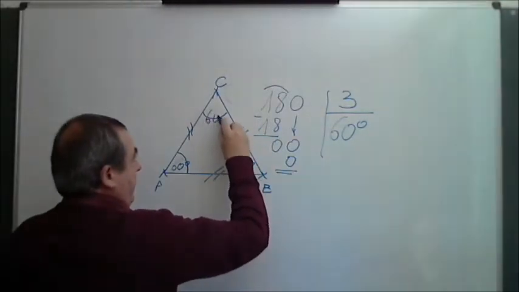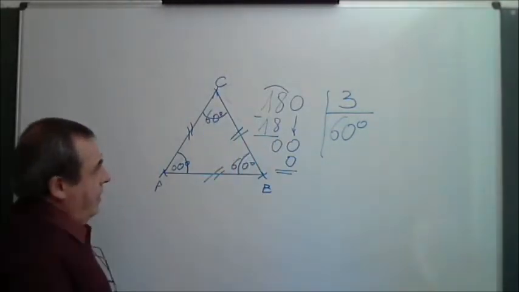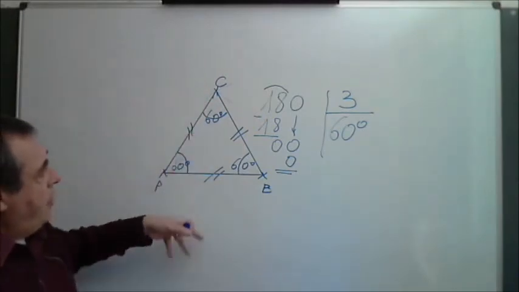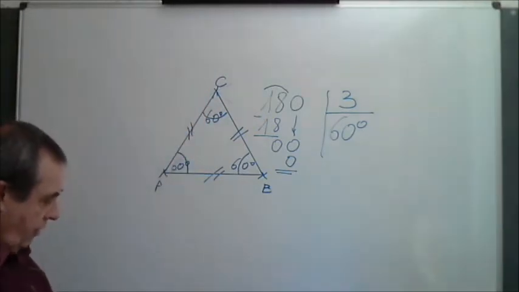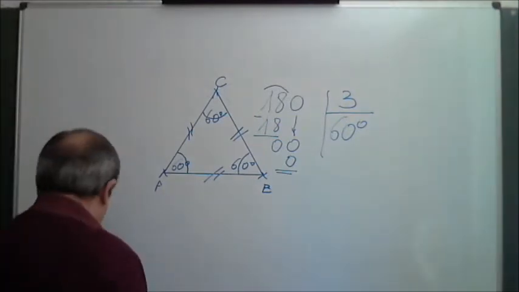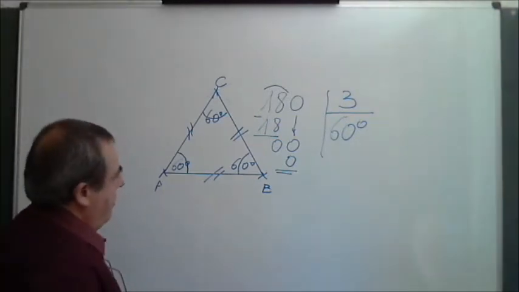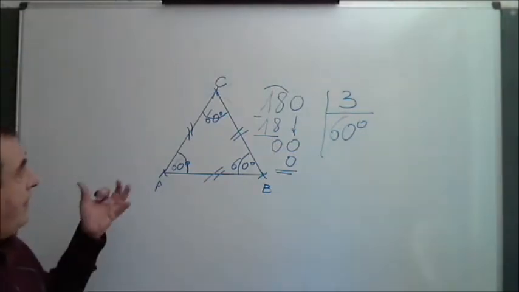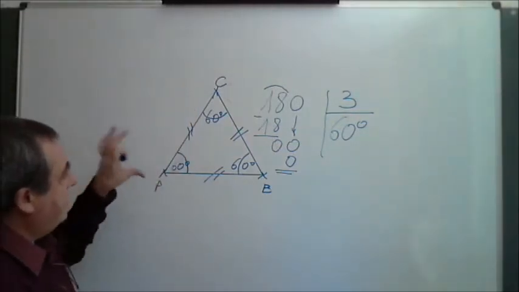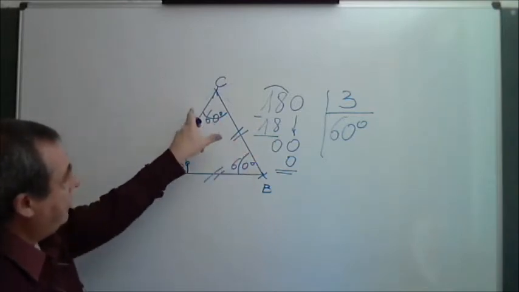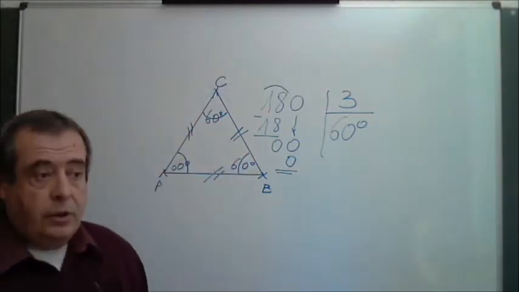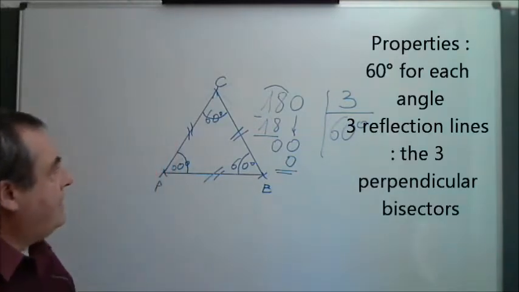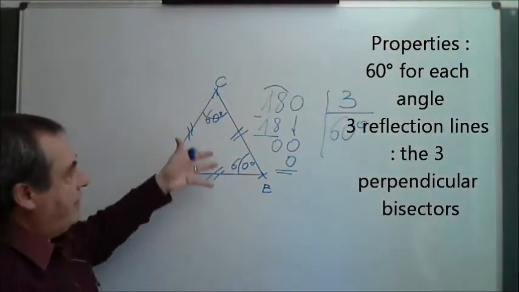Other property, remember, for an isosceles triangle, the perpendicular bisector of the basis is a reflection line, but here we have 3 isosceles triangles, and so 3 perpendicular bisectors, each perpendicular bisector being a reflection line.